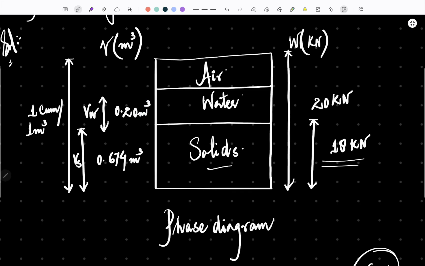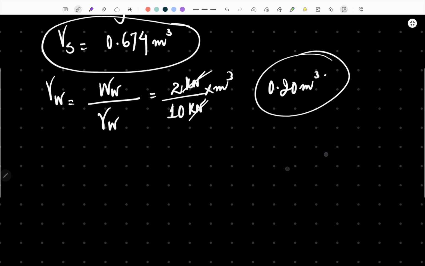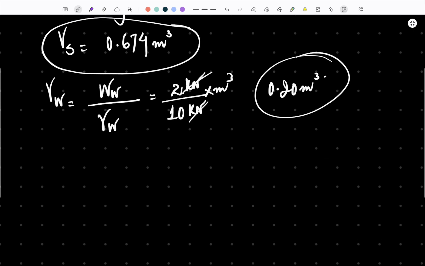All right, after that we know the volume of solids, we know the total volume, and we know the volume of water as well. We'll be finding the volume of voids.